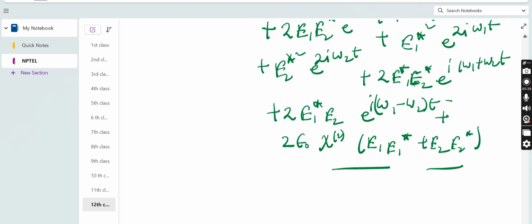So this term has zero frequency and it will not travel outside of the medium, because as we know, the time derivative is zero.